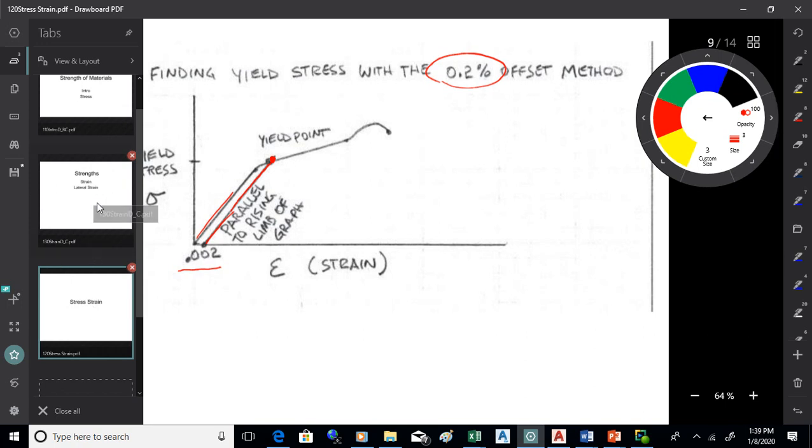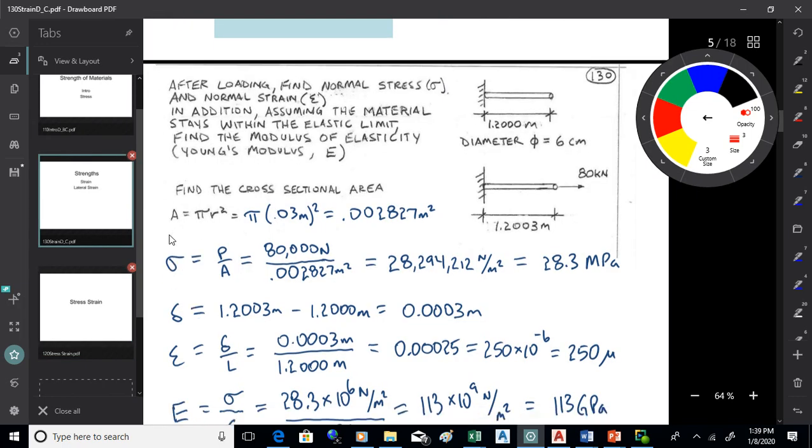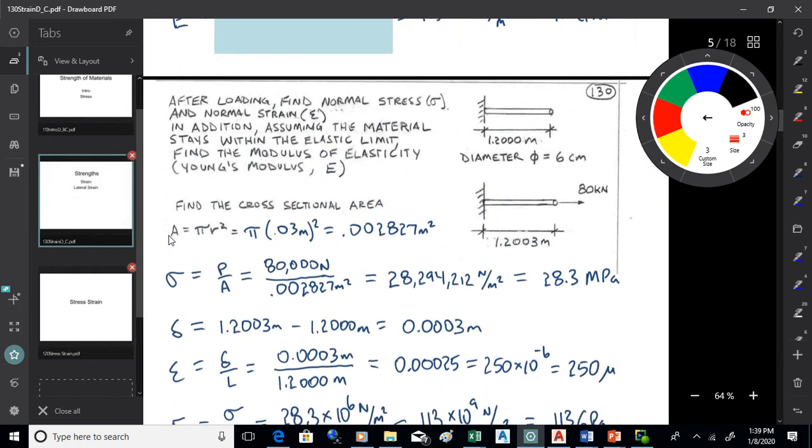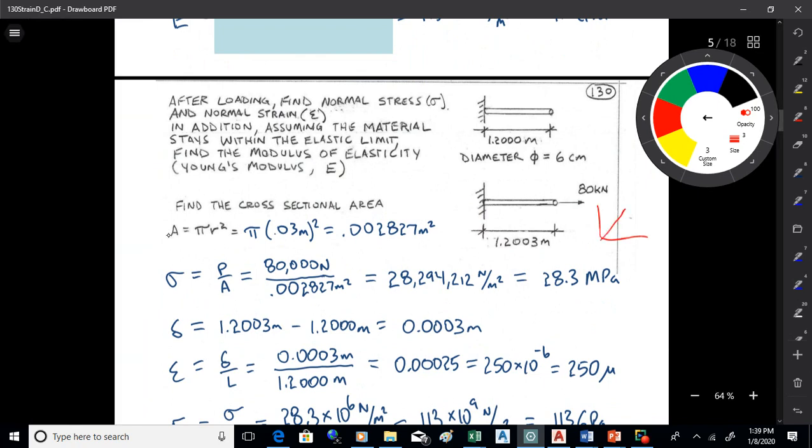Now, the other thing I just want to touch on here is, let's find E for this material now, okay? Because if we're back on page 130, if we have a graph like that, we could find E by finding the slope of this line. So we got stress, we got strain.